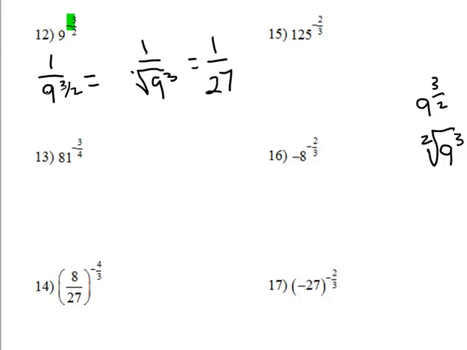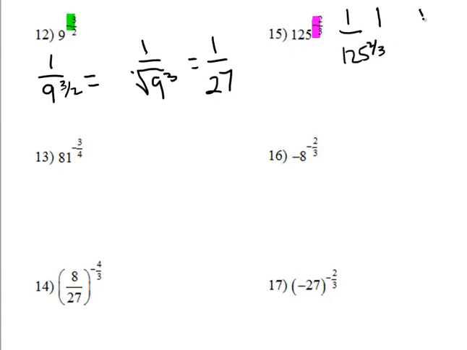And again, it may look intimidating, but if you just take this one step at a time, you'll be fine. So let me get rid of that. And here I have 125 to the negative 2/3. The first thing I'm going to deal with is that negative, and it says make this a reciprocal. So it's 1 over 125 to the 2/3.